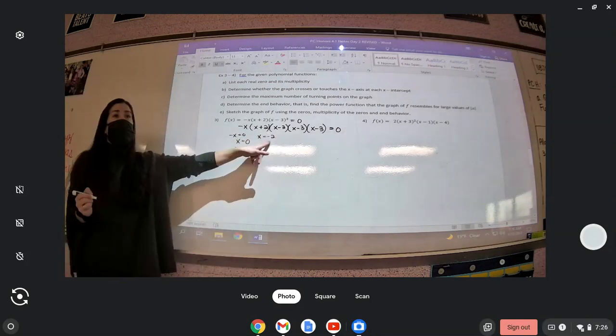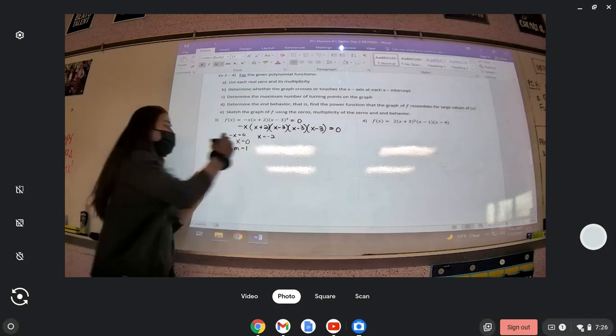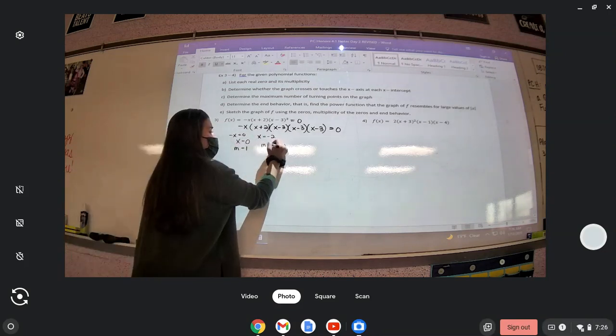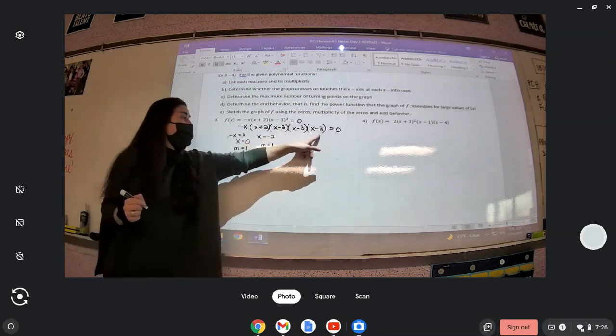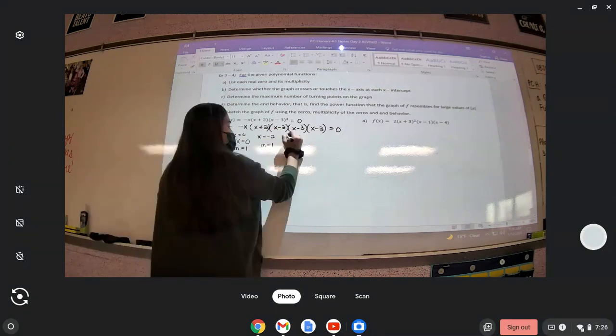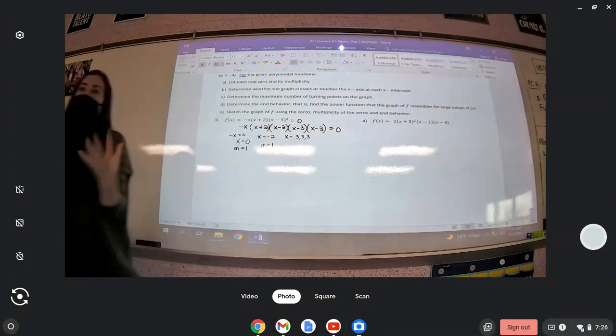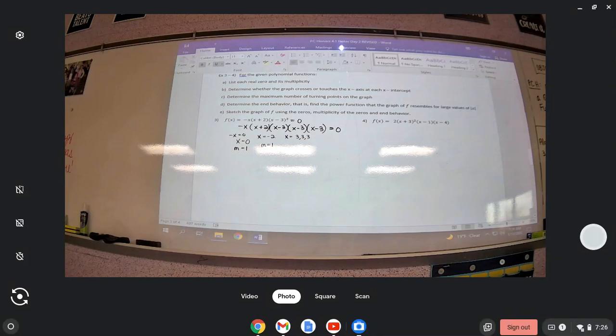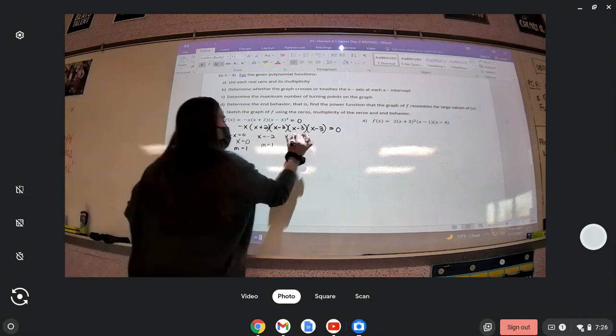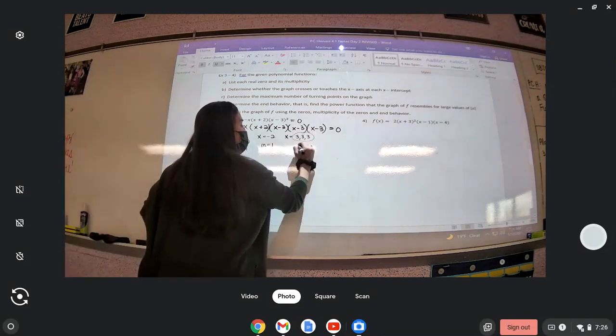How many times did this one repeat? So multiplicity is 1. This one we're going to set equal to 0 3 times, and you're going to get x equals 3, 3, and 3. So guys, it's really creating one x-intercept at an x value of 3, but it did appear and repeat 3 times. So what's the multiplicity here? 3.